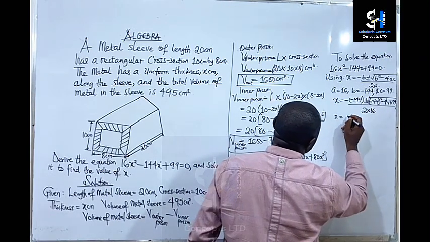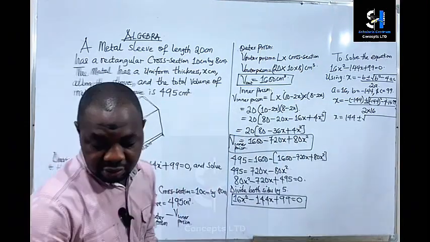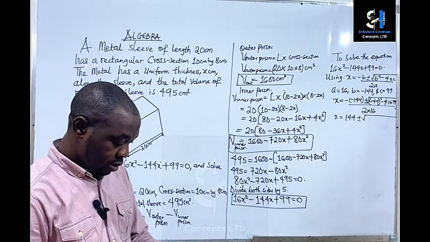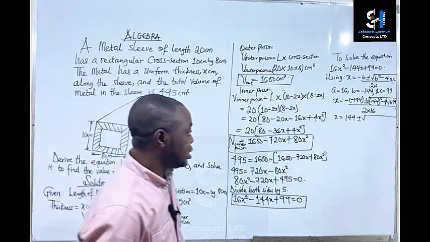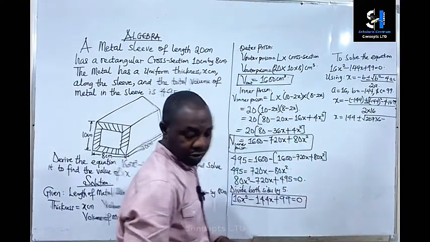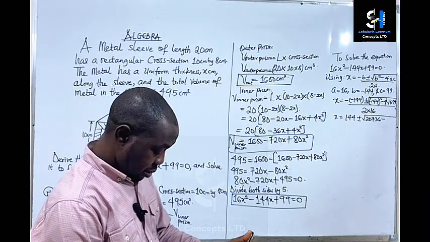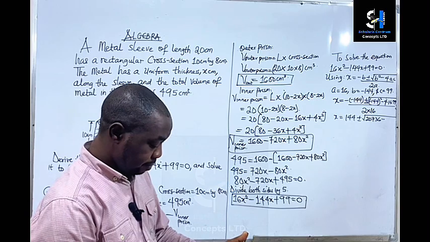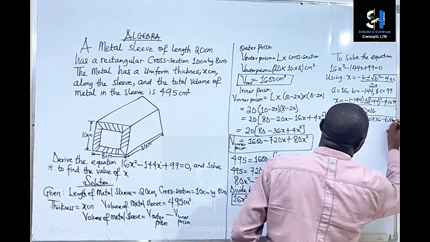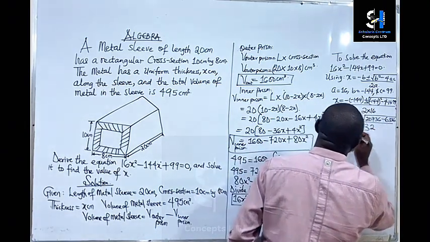So this will be 144 plus or minus the square root of, so let's get the square of 144. 144 squared, that will be 20736, minus 4 times 16 times 99, that will be 6336. Okay, so that will be all over 32.